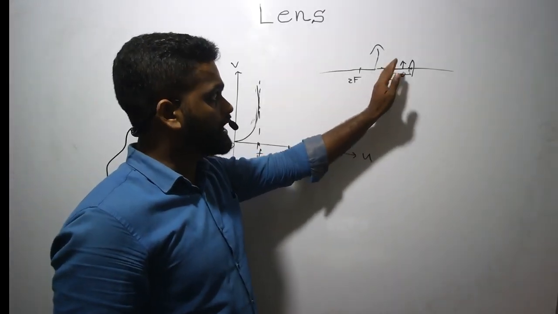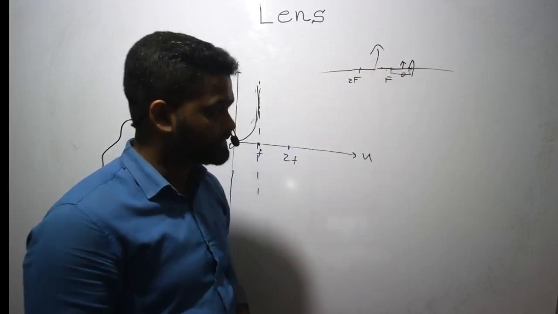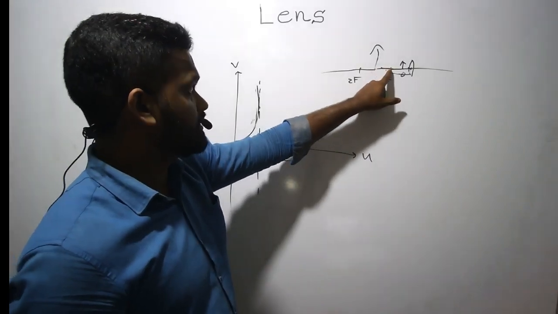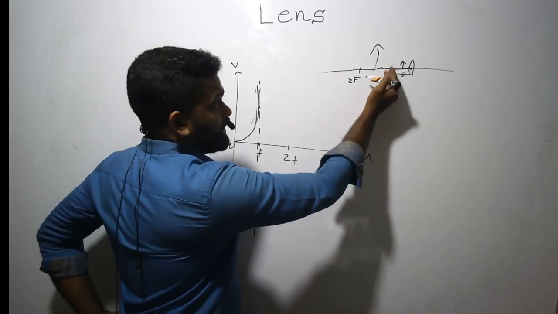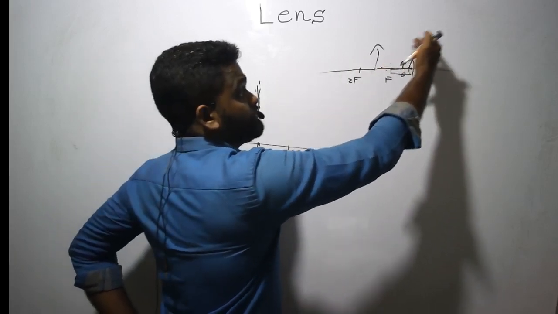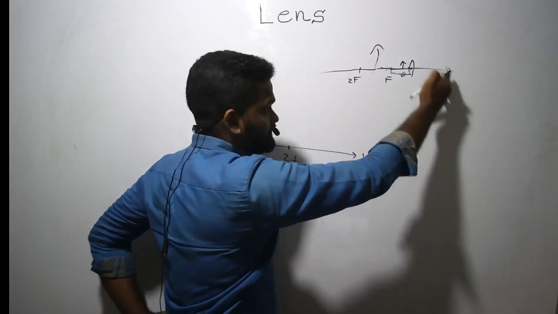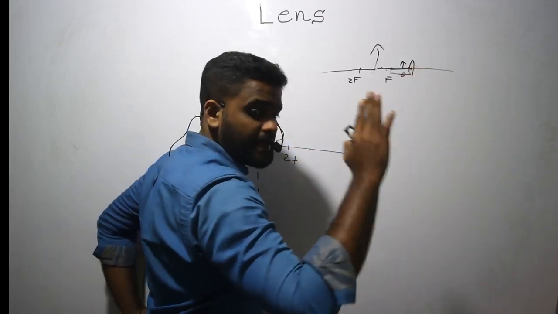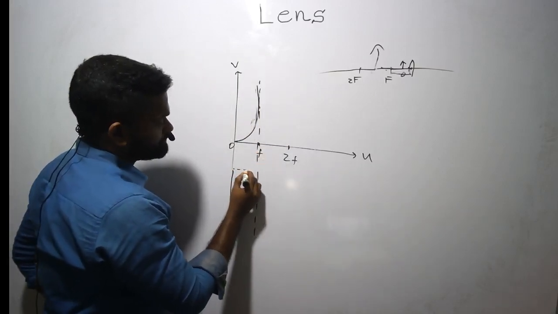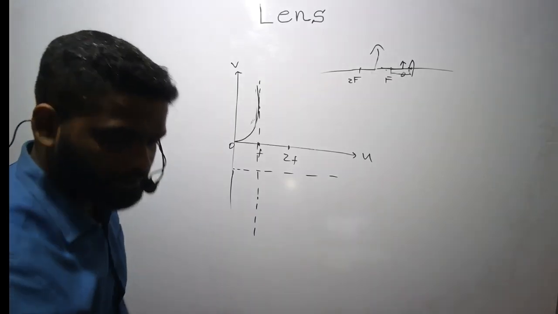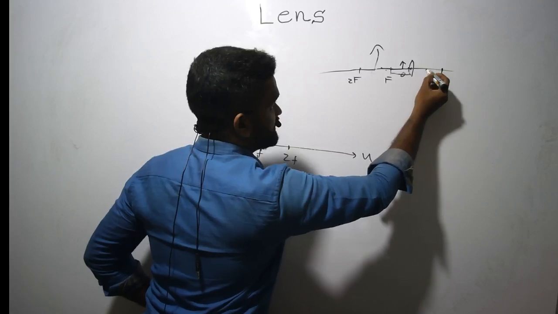Then we'll see after f. Right after f, it is at negative infinity actually. So for after f, all the images are real images. Remember, real images, so v values will be negative. But the images won't be created here.